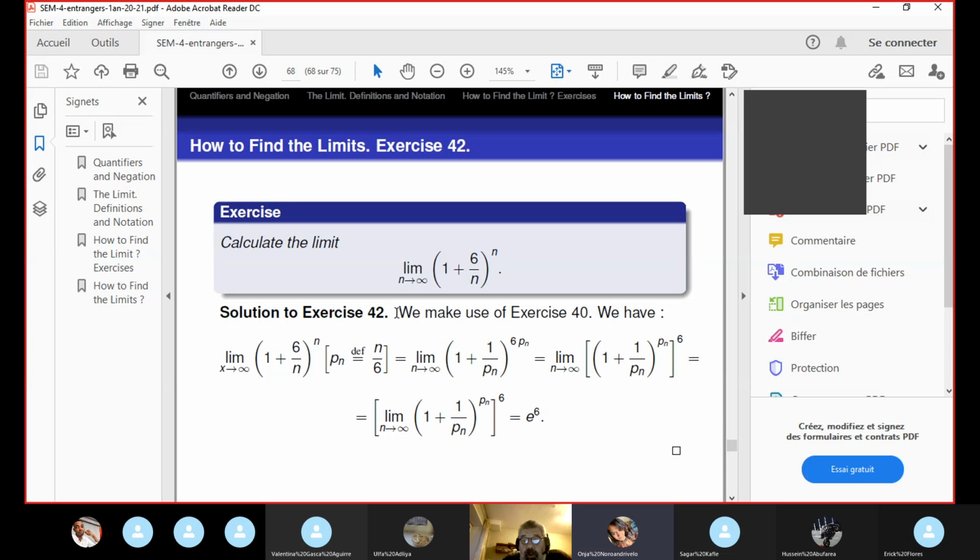So I rewrite this limit in the following way, like (1 + 1/p_n)^(p_n), and all this to the power 6.